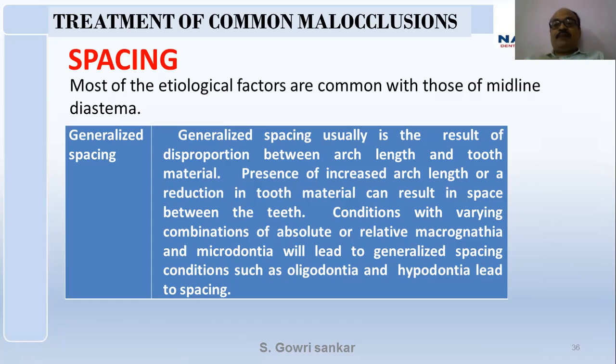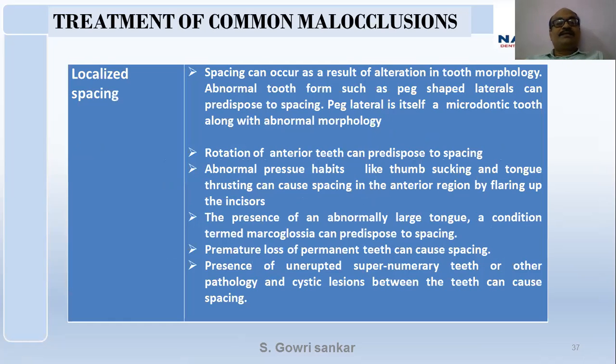Sometimes it may be associated with oligodontia, or absence of certain teeth, and hypodontia. All this leads to spacing in the arch. For localized spacing, when the tooth morphology is abnormal, such as peg laterals, it is predisposed to spacings. Sometimes you may find one or two teeth missing. When the teeth are missing, the adjacent teeth move into that space, opening up spaces.